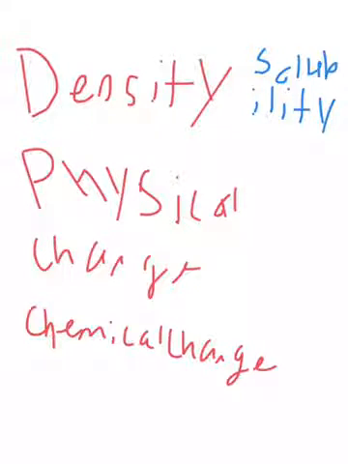Now we see a physical change with the water. A physical change is when you add the food coloring into the water. It still is the same thing, it just looks different. The chemical change, however, is when you add the Alka-Seltzer.